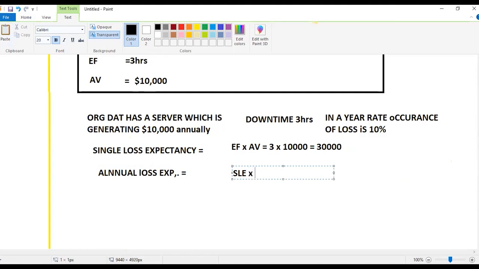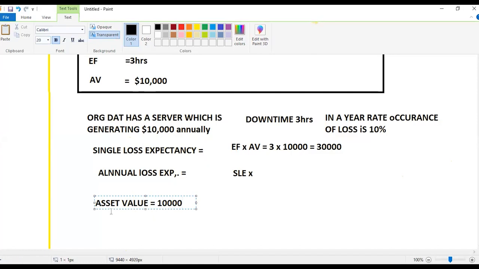Yes, I'm writing. So single loss expectancy is exposure factor into asset value. We have the asset value, how much revenue we are generating, 10,000.